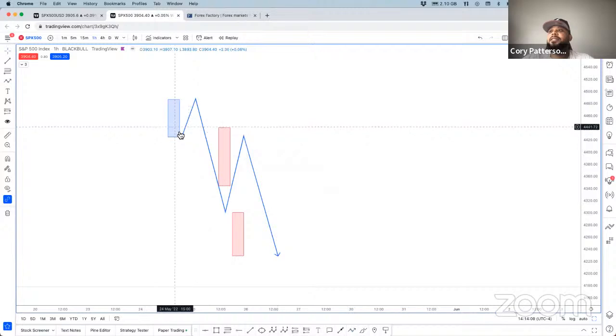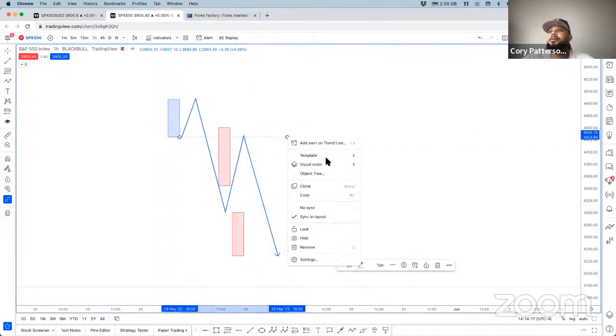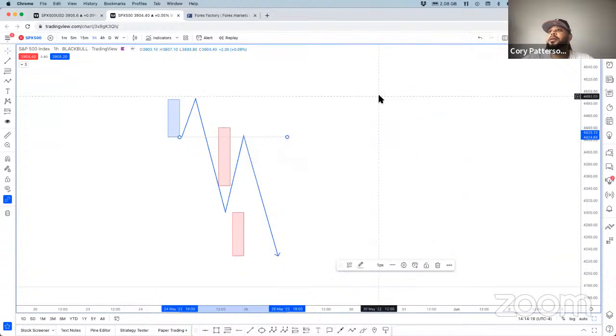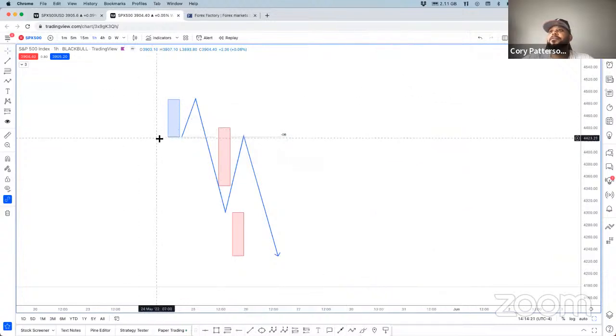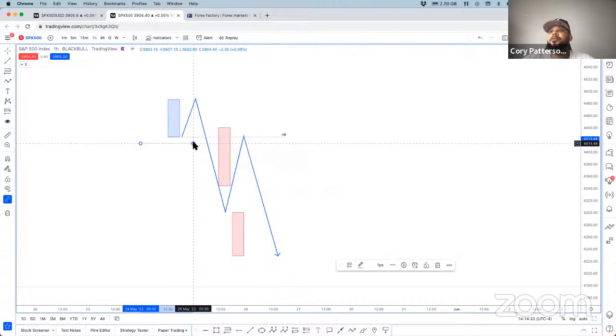And inside of this, I'm looking for a combination of an order block and a shift in market structure somewhere near this area to take out a low.